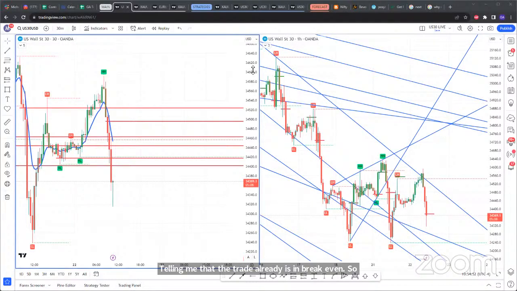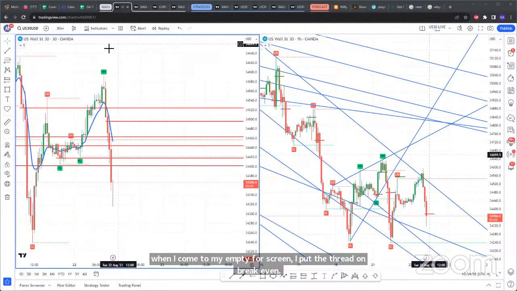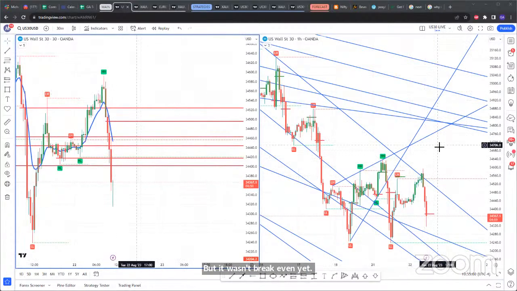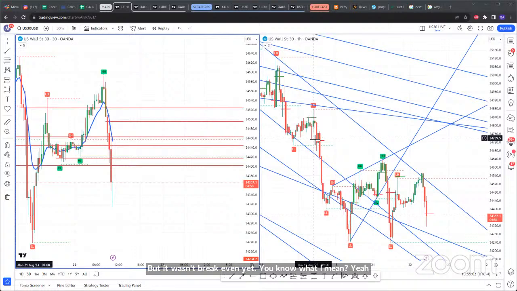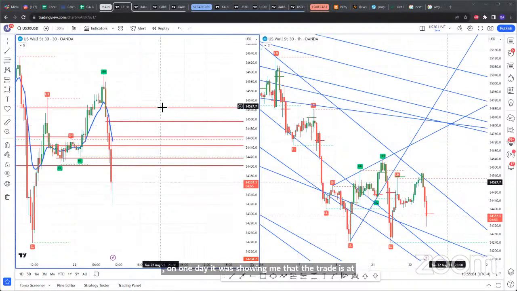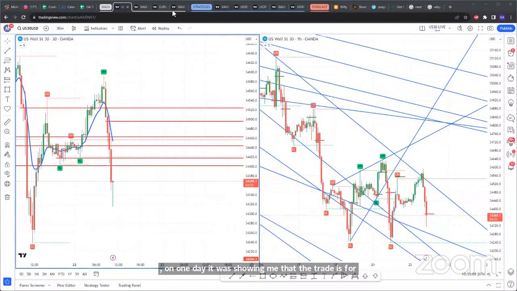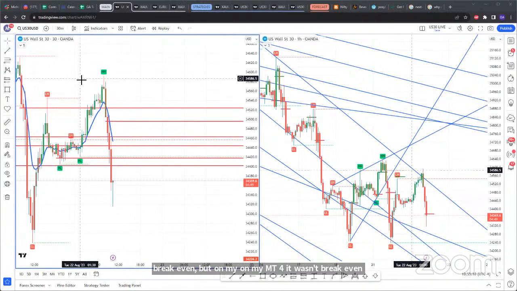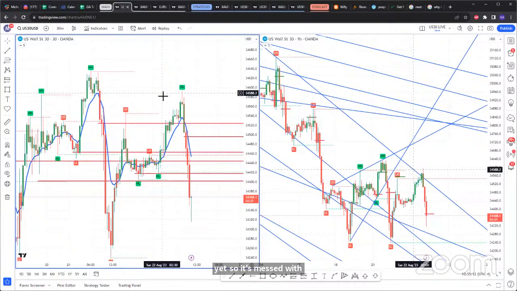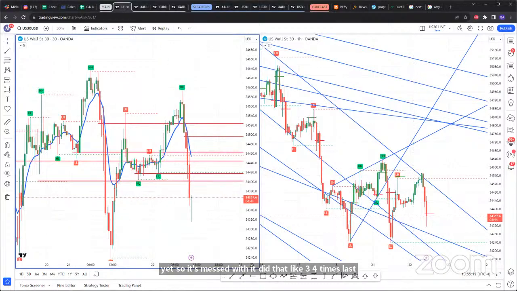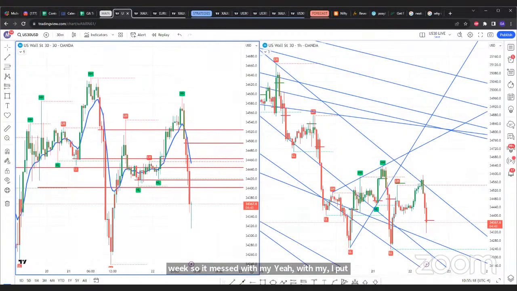So when I came to my MT4 screen, I put the trade on break even, but it wasn't break even yet. You know what I mean? On Oanda, it was showing me that the trade is on break even, but on my MT4, it wasn't break even yet. It did that like 3-4 times last week. So it messed with my trades. I put them on break even too soon.